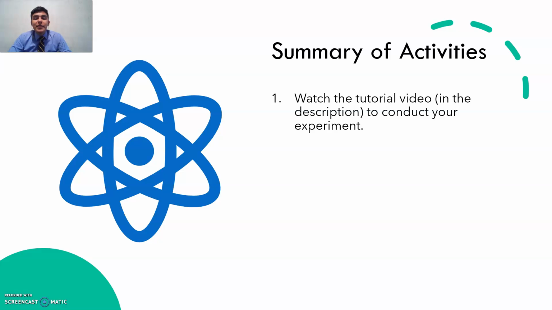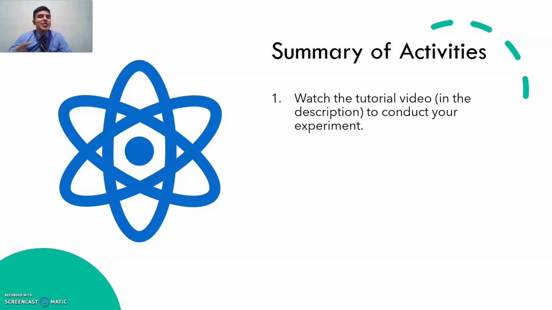So something very important is that I was conducting another experiment with some other students before, and they tell me, teacher, but I don't have the materials that are shown in the video. So if you don't have the materials that are shown in the video, don't worry. I want you to be creative. So I want you to look for similar materials that can actually represent the scientific experiment that we're trying to do.